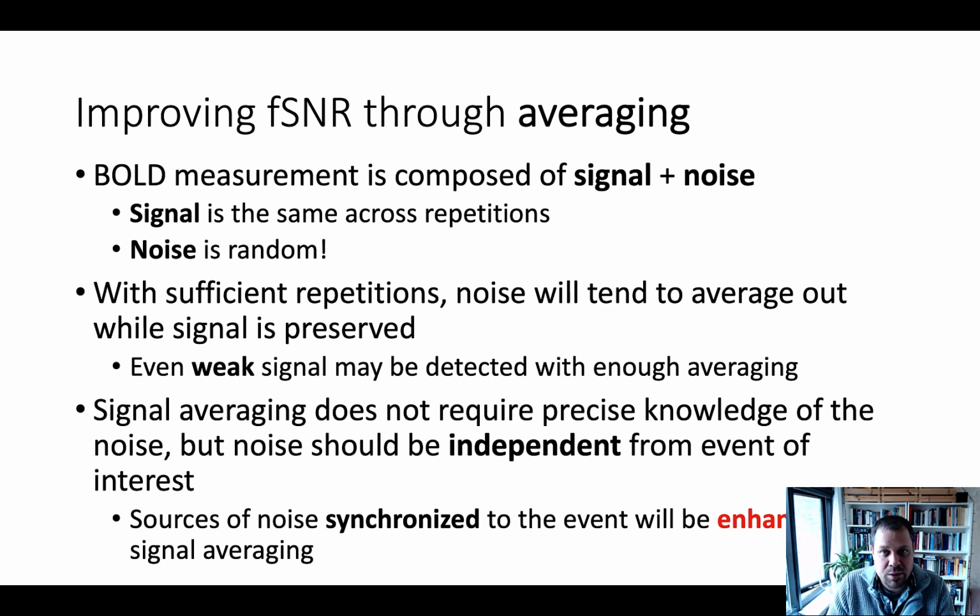So you have a problem. But if you randomly distribute, let's say, these electrical shocks throughout the experiment to fall at different time points of the signal that you're interested in, then you can actually enhance the signal and you average out the noise. Just as an example here.